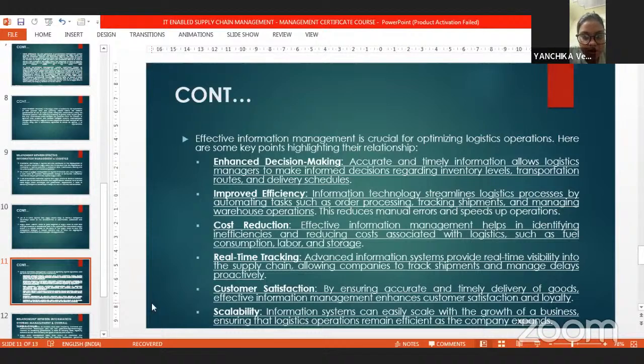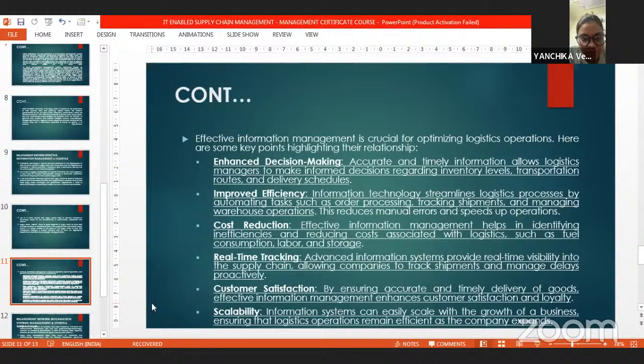Cost reduction. Effective information management helps in identifying inefficiencies and reducing costs associated with logistics such as fuel consumption, labor, and storage. Real-time tracking. Advanced information systems provide real-time visibility into the supply chain, allowing companies to track shipments and manage delays proactively.